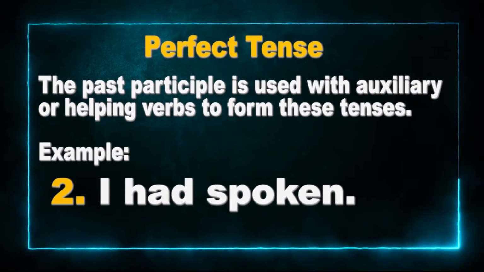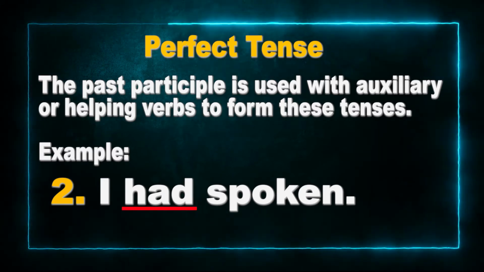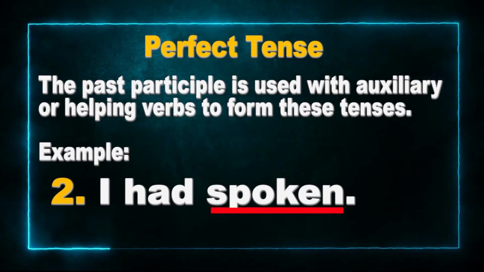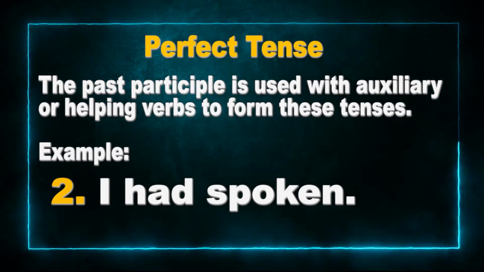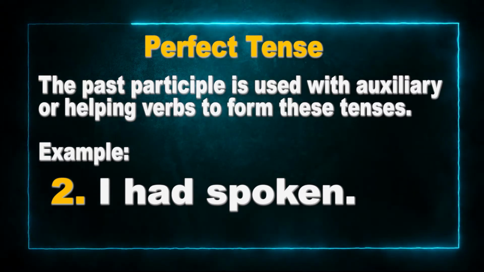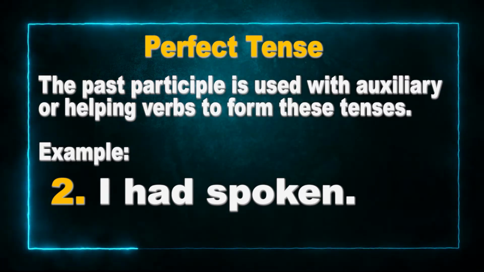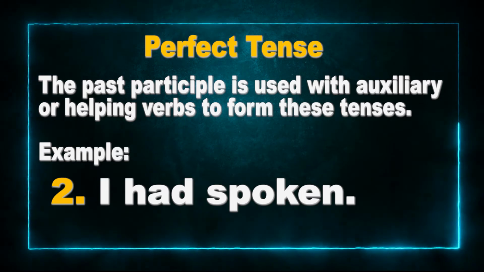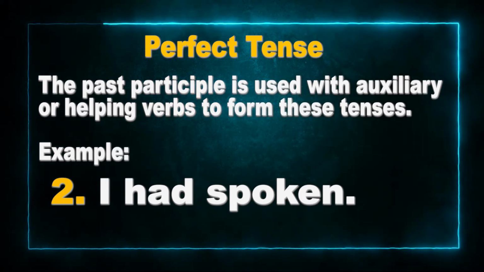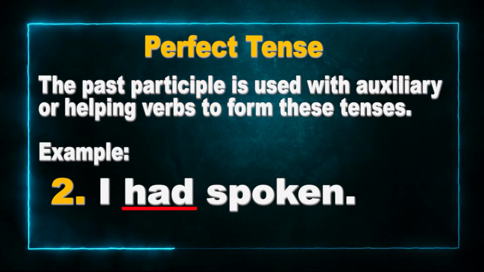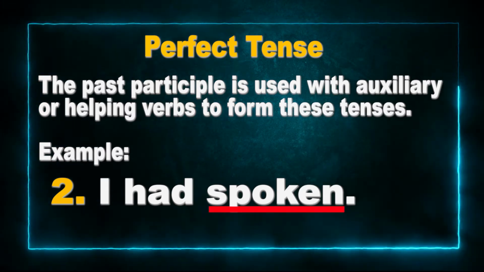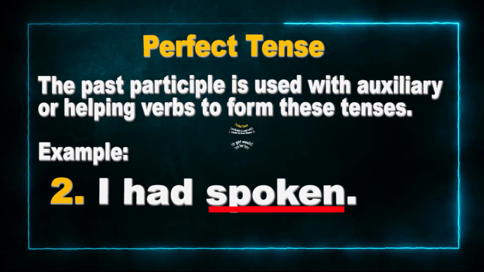We also have, I had spoken. Here, the verb refers to an action that took place in the past before something else happened. Had, auxiliary verb, spoken, past participle.